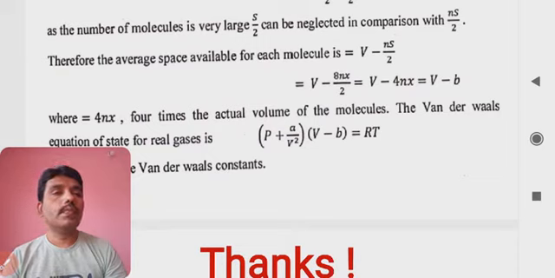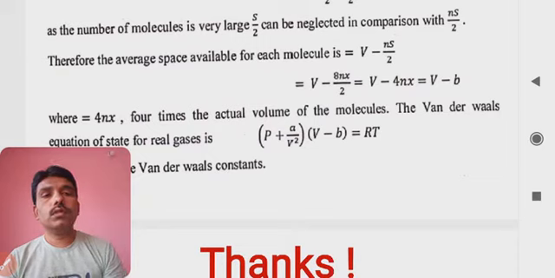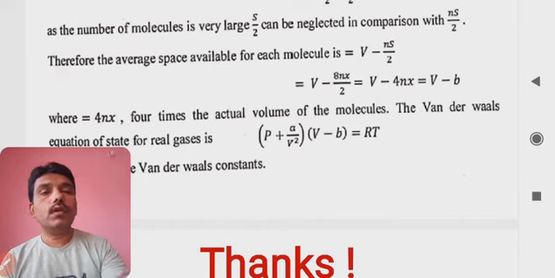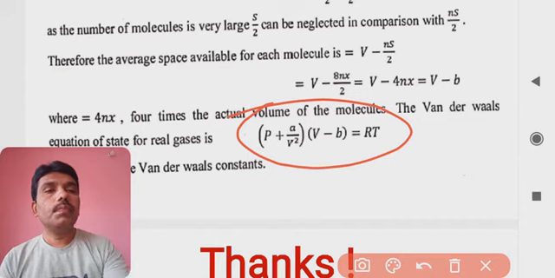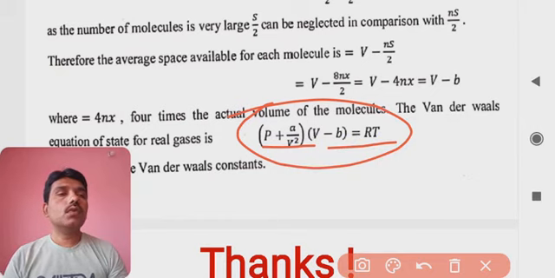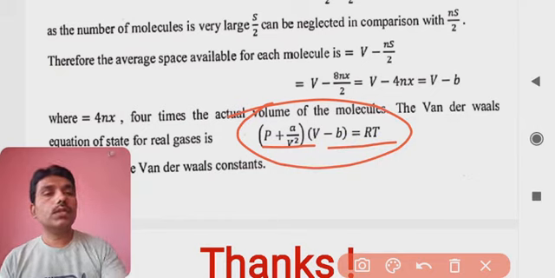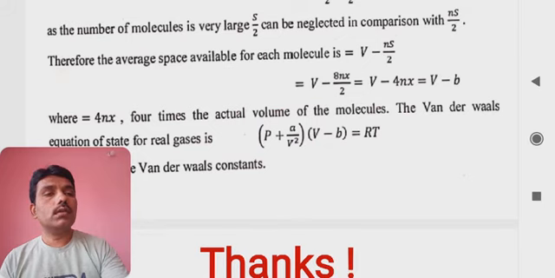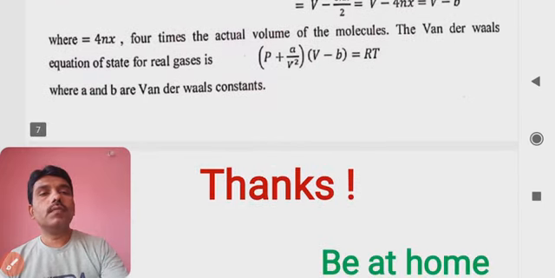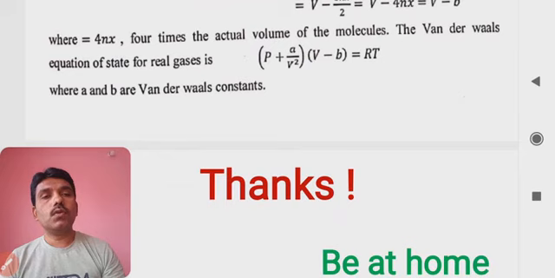In that case the van der Waals equation of state for the real gas will be given by the relation: (p plus a by V square) into (V minus b) is equal to RT. So this is the van der Waals correction for the real gas, or the pV is equal to RT correction, and a and b are van der Waals constants.